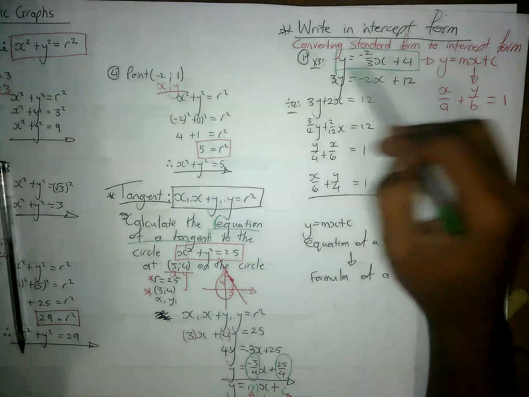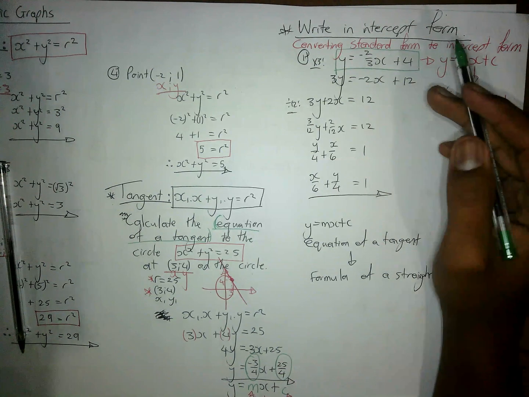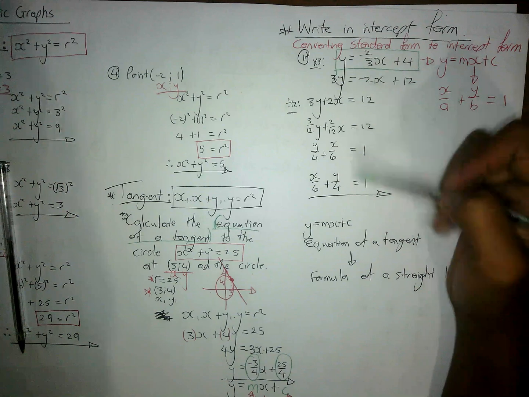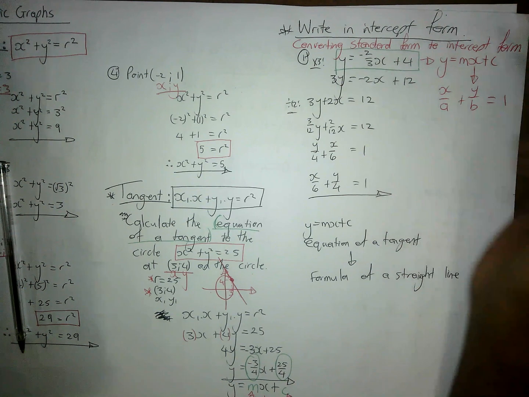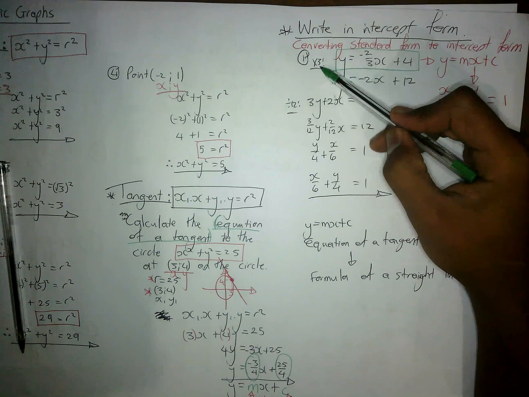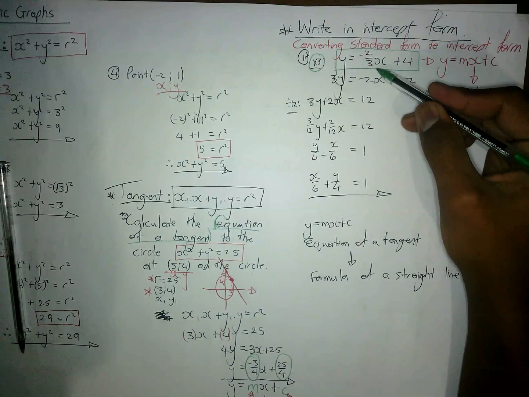We need both of them free from any number that's attached to it in any way. If it's in a fraction, we want a fraction, but if it's multiplied, we don't want it. So what we do is we multiply with a 3 to get rid of this 2 over 3 here.